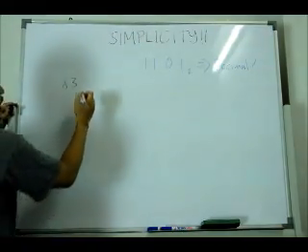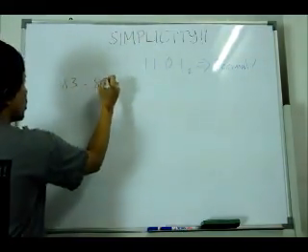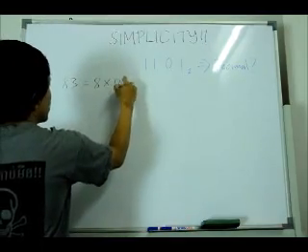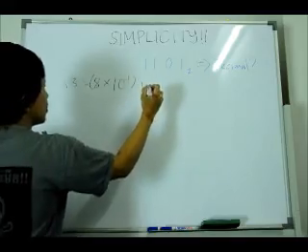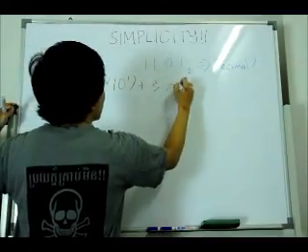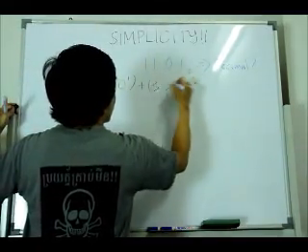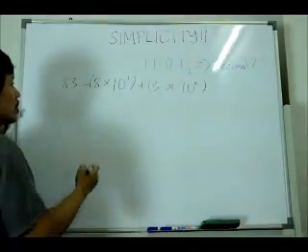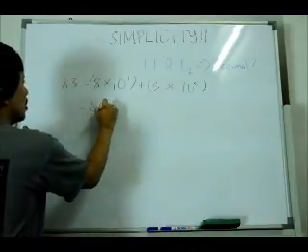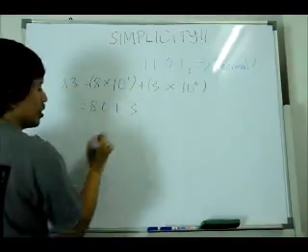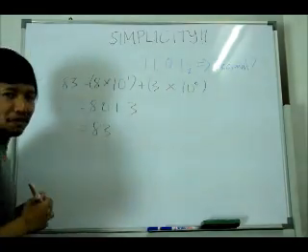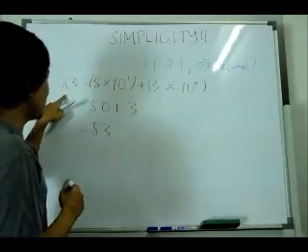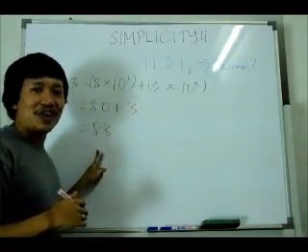We can actually break it down like this: 8 times 10 to the power of 1 plus 3 times 10 to the power of 0. So this becomes 80 plus 3. This becomes 83. Brilliant, right? 83 is equal to 83.